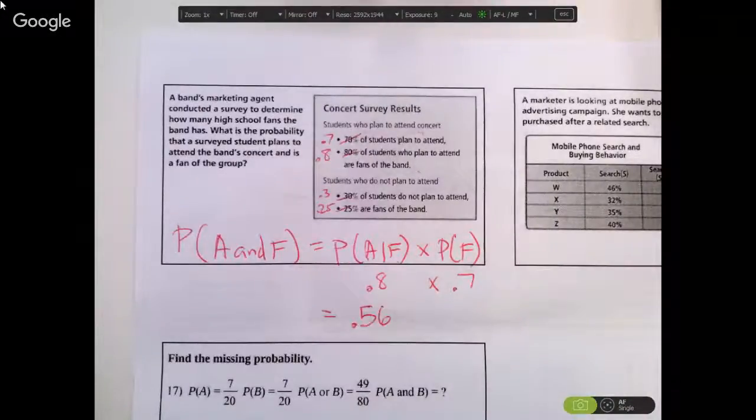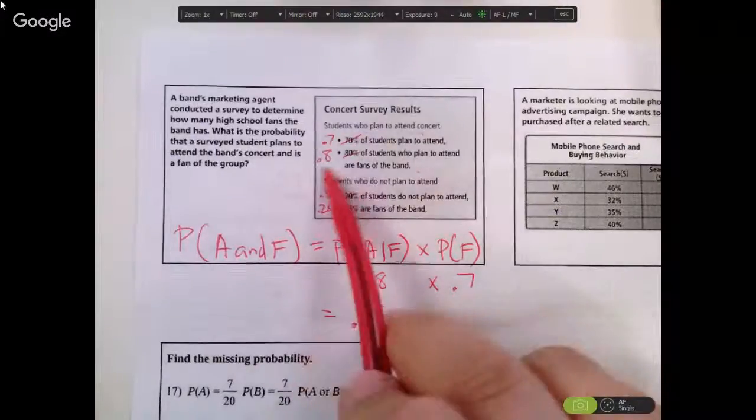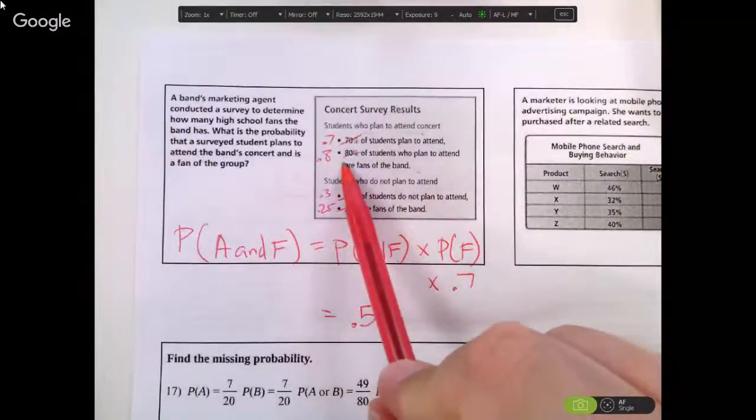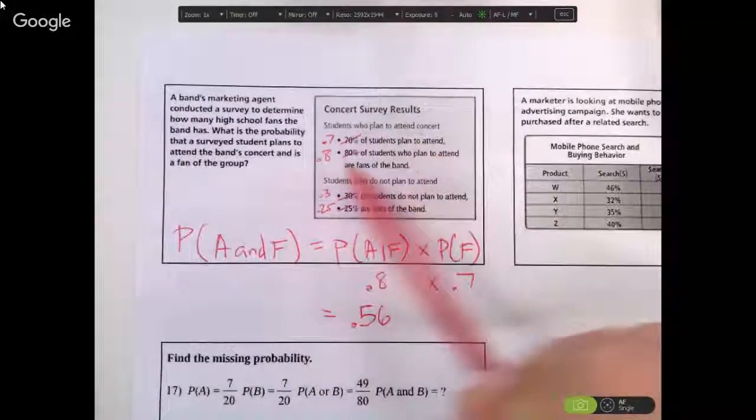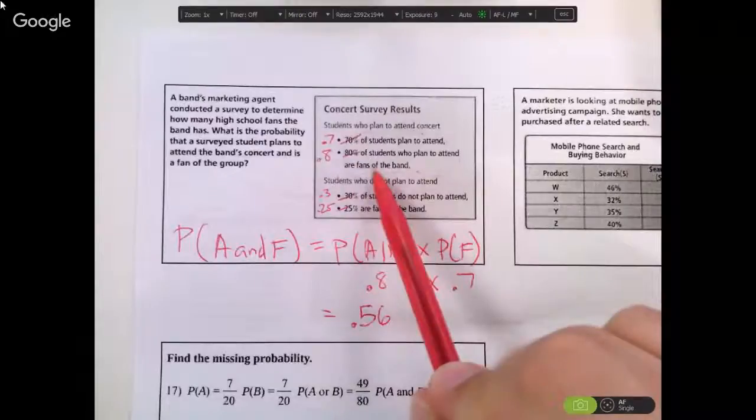Why can't the answer just be 0.8, since it's asking the probability of a fan? That's confusing to me as well. Why isn't this "and"?